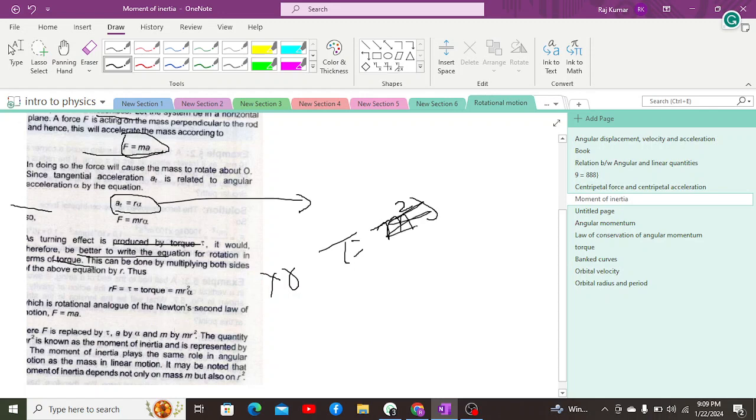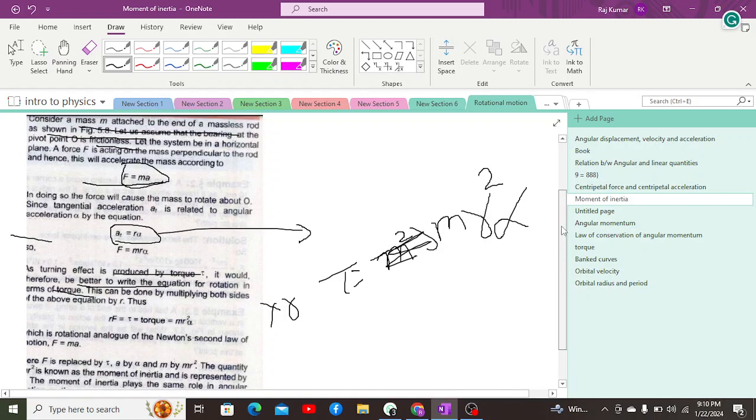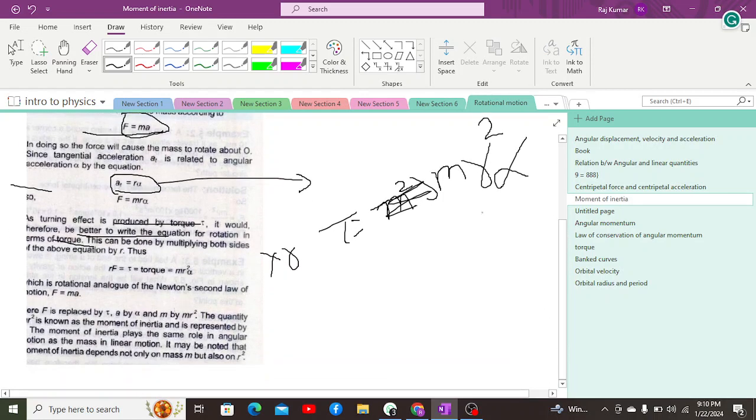m r square alpha is equal to torque, where we know that the value of m r square is equal to the moment of inertia.